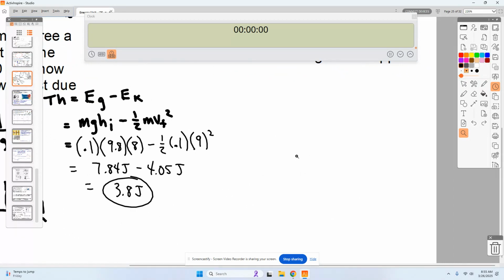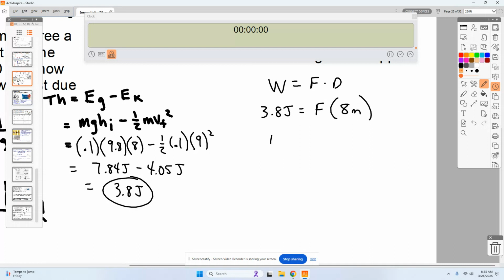If I wanted to figure out that thermal energy or the average force of air drag, we go back to the concept that work is force times distance. That work was 3.8 joules. That's work done by air drag. The distance that it fell, I think, was 8 meters.